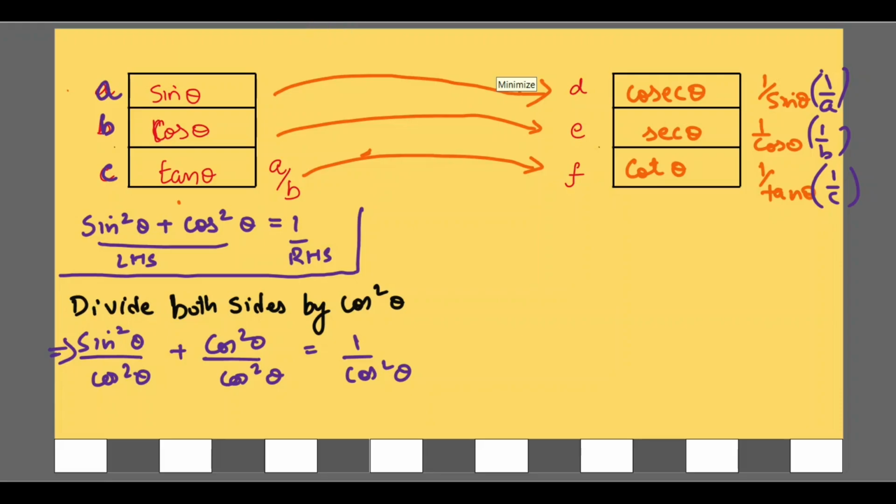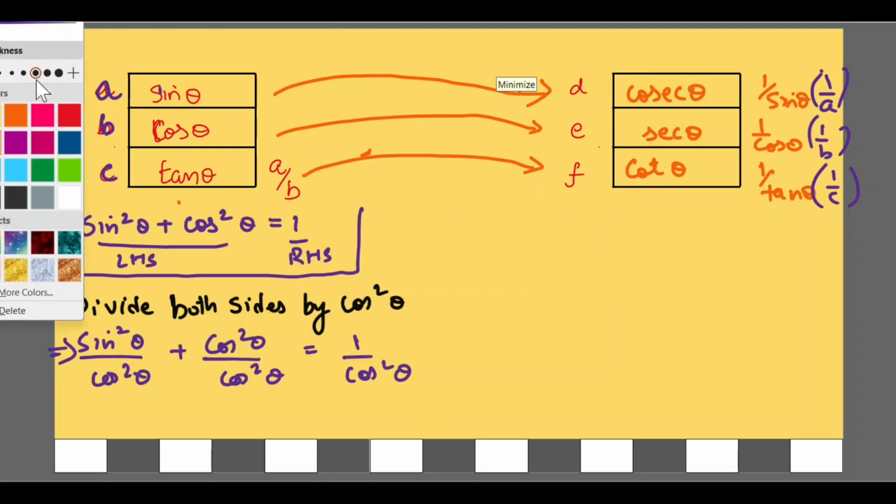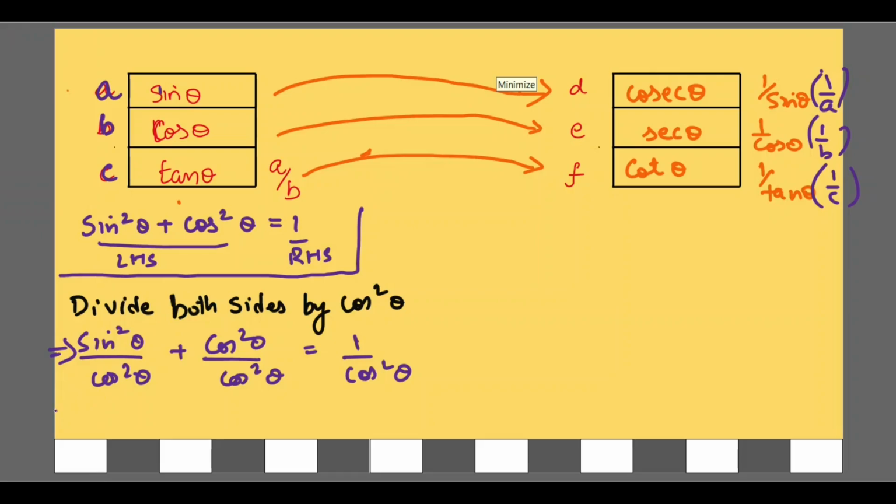So now remember, sine square by cosine square theta is tan square theta. So we are going to write tan square theta. Cosine square theta by cosine square theta will be 1, so 1 plus tan square theta is equal to 1 over cosine square theta, which is secant square theta.